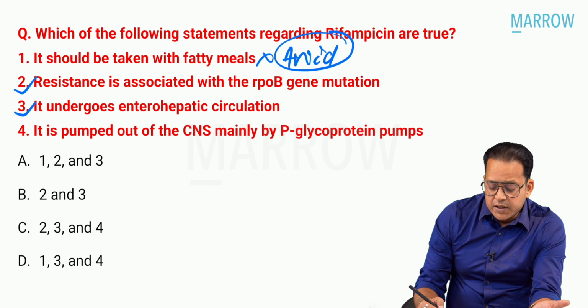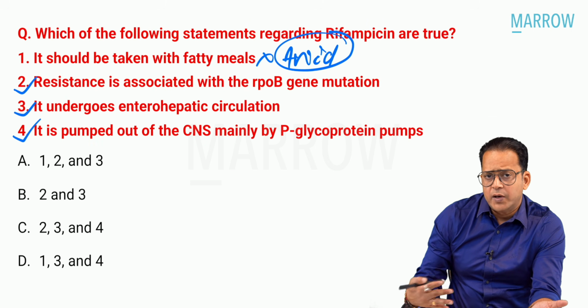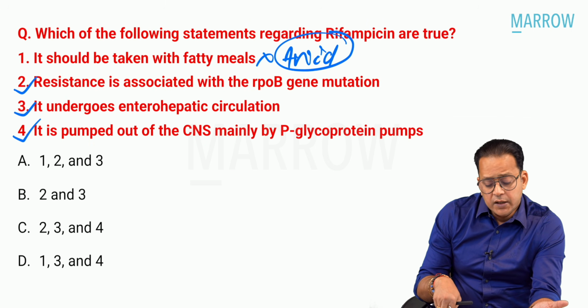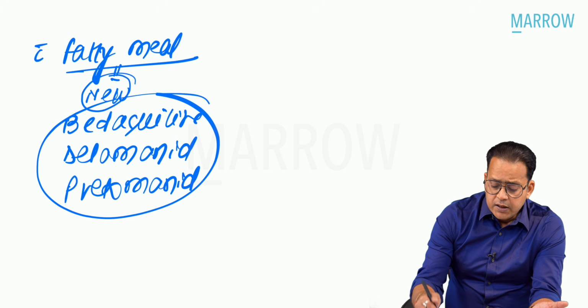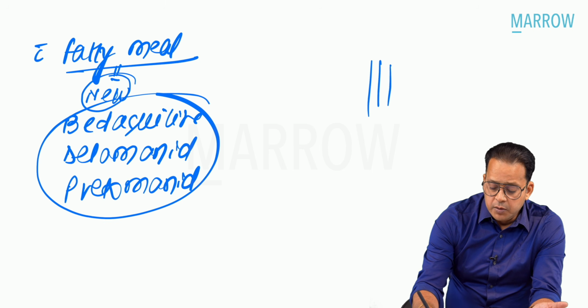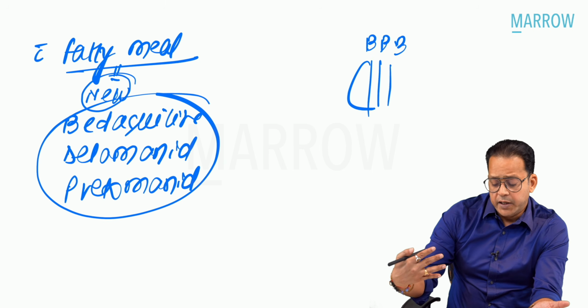It is pumped out of CNS mainly by P-glycoprotein pumps. That is also correct. We have discussed PGP in the Mero lectures, specifically in the main videos in detail. I have told you what P-glycoprotein pumps are. See, suppose this is your blood-brain barrier, and this is a cell of the blood-brain barrier.